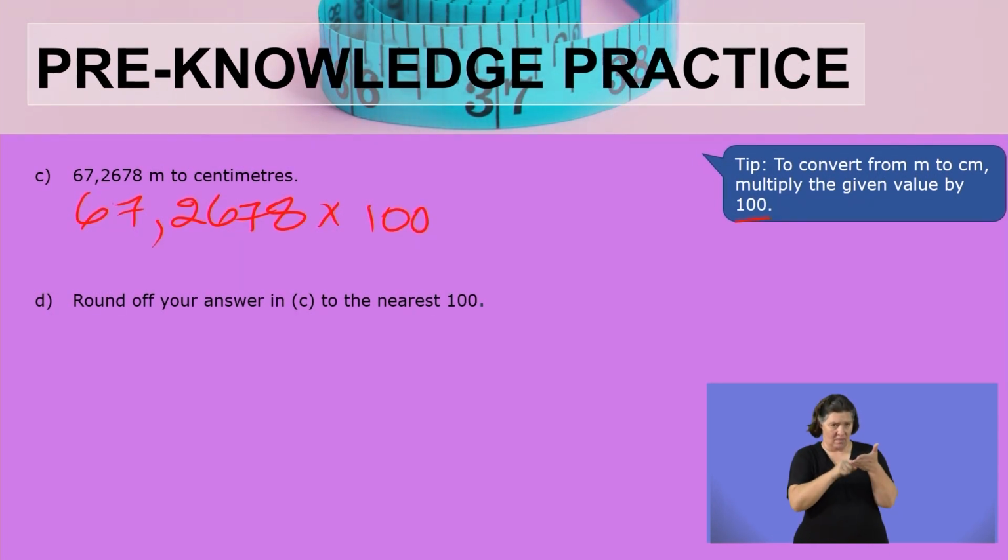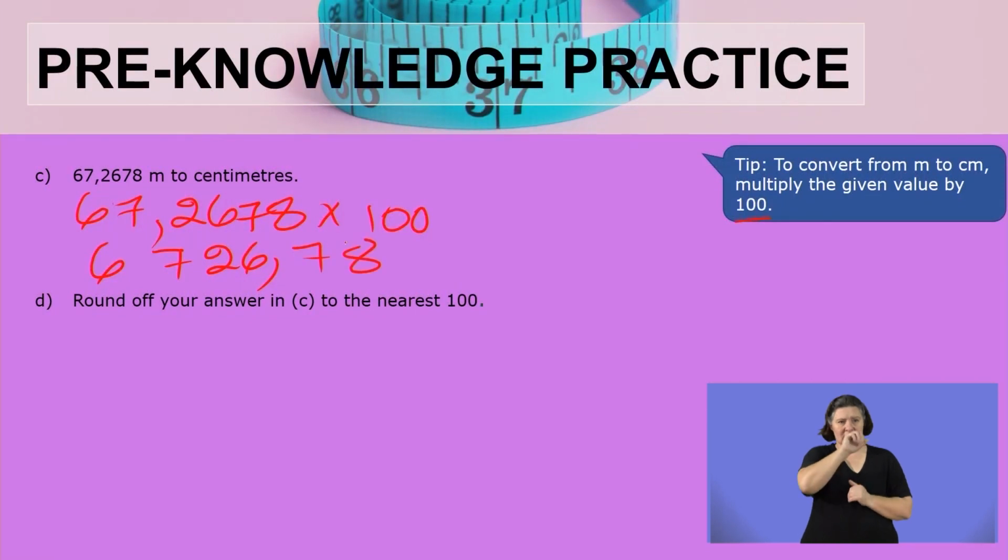I hope you have your calculators with you. So we have 67,2678 multiplied by 100, and the answer that we get is 6,726,78.